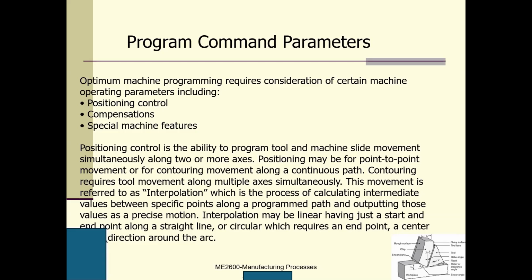Interpolation may be linear, having just a start and end point along a straight line, or circular, which requires an end point, a center, and the direction around the arc. Interpolation and extrapolation.